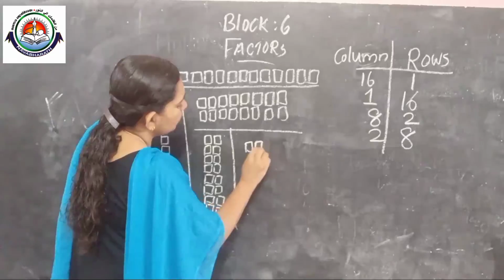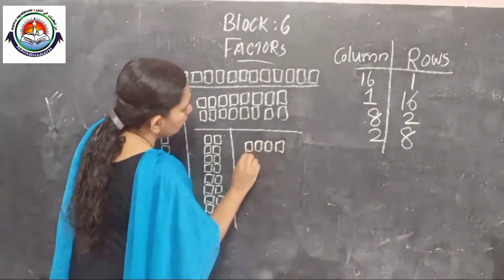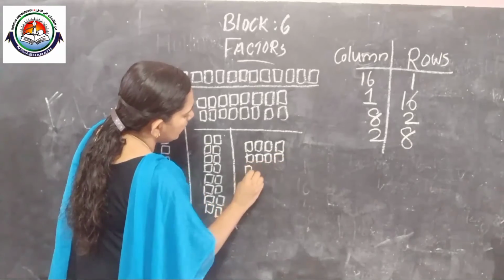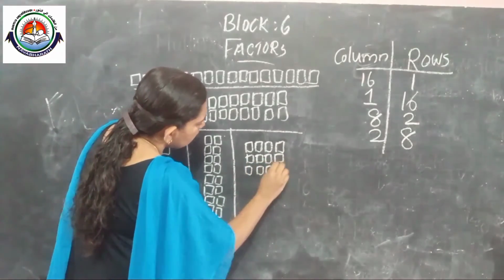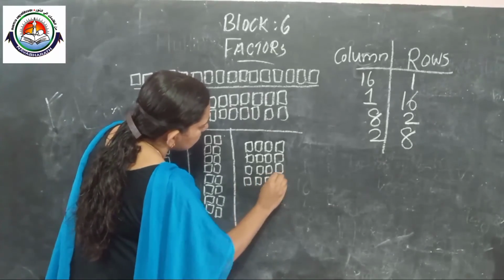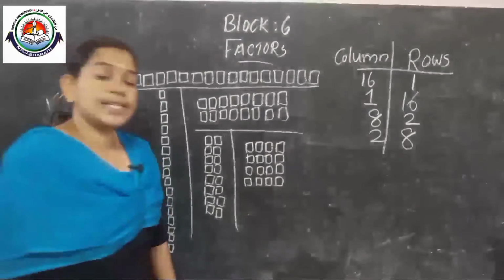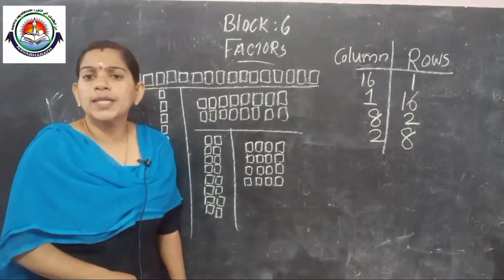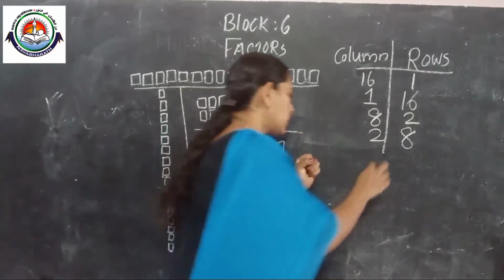1, 2, 3, up to 16 paper slips. How many rows and columns? 4 rows and 4 columns.